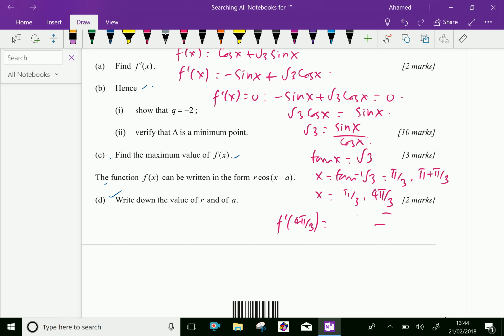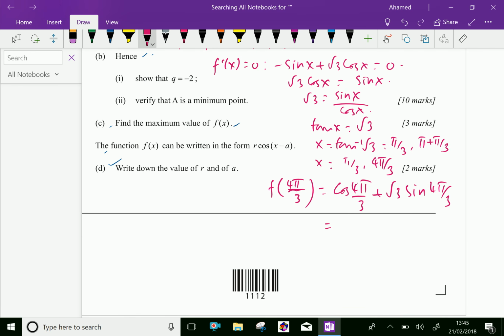Now we have to substitute in f, because we have to find the minimum value, that is f(4π/3). Because we have to substitute 4π/3 as x in the function f, it gives cos 4π/3 plus root 3 sin 4π/3.